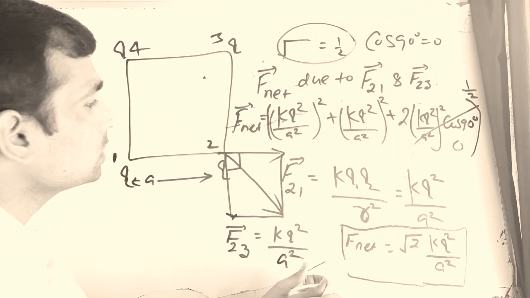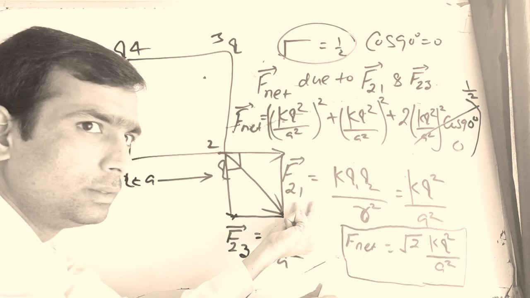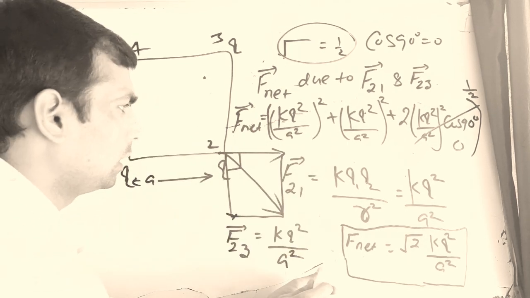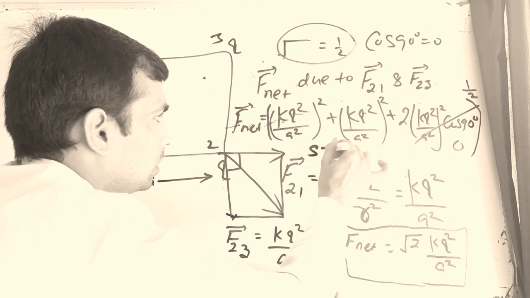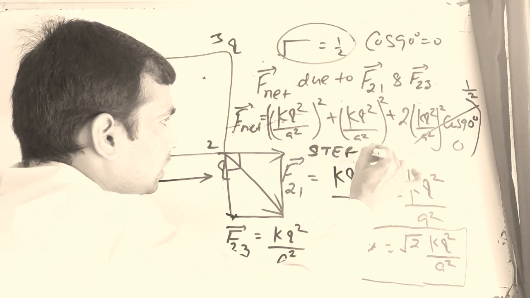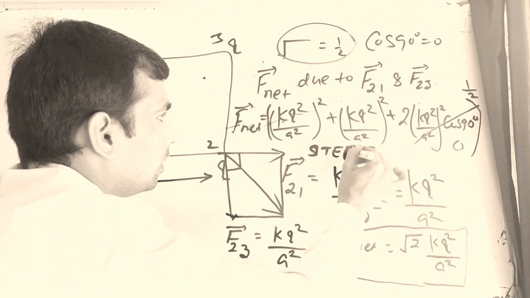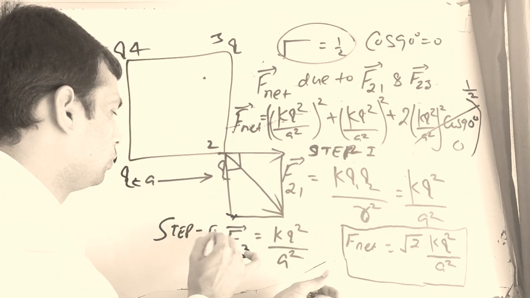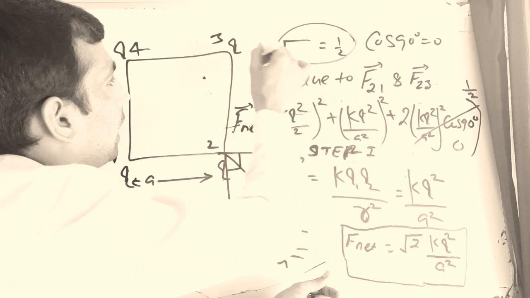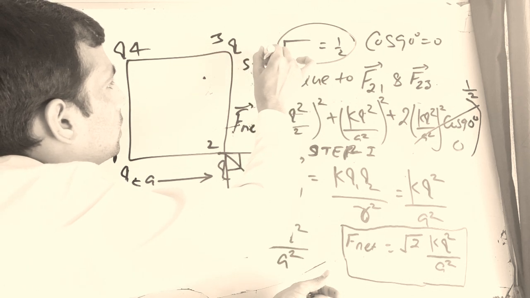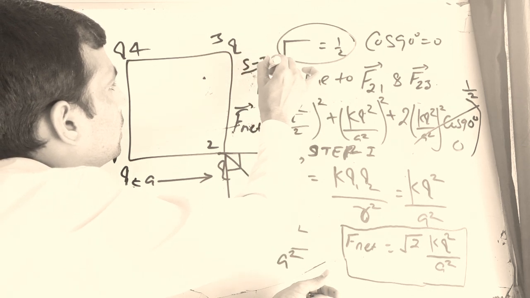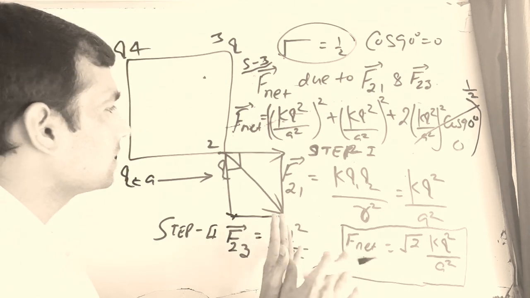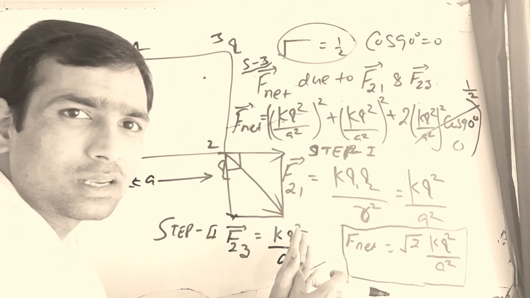So this is basically step number 1, step number 2, and this is step number 3. Finally I'm at the last part of these questions, you can say second last.